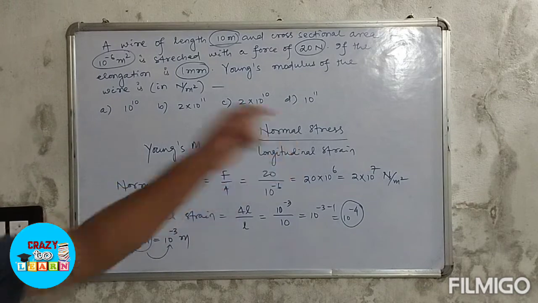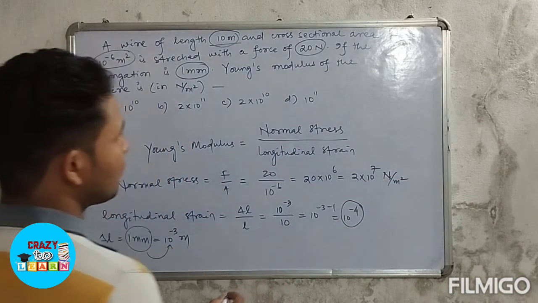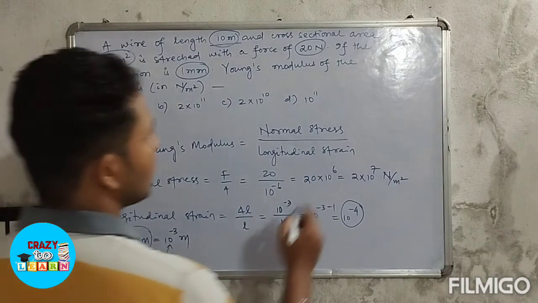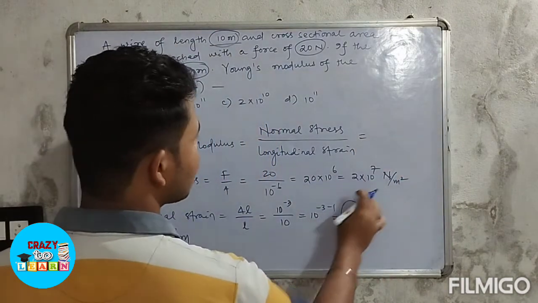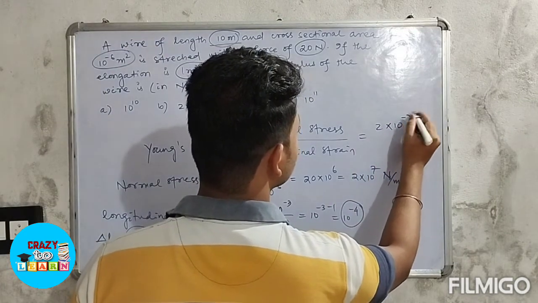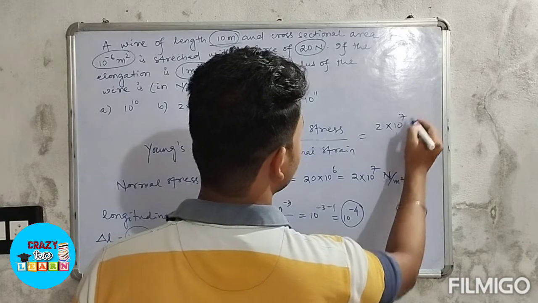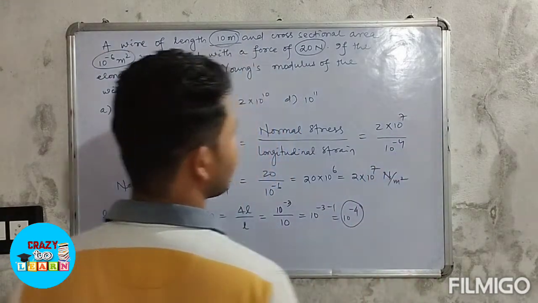Now come to our Young's modulus. What is the value of the Young's modulus? Normal stress divided by longitudinal strain. What is the normal stress we are getting here? 2 into 10 to the power 7 divided by 10 to the power minus 4.